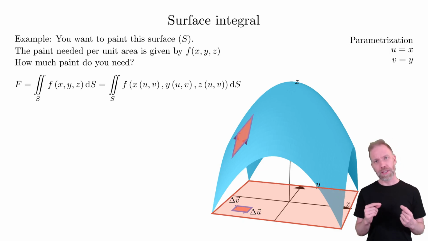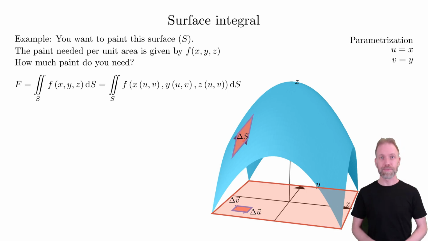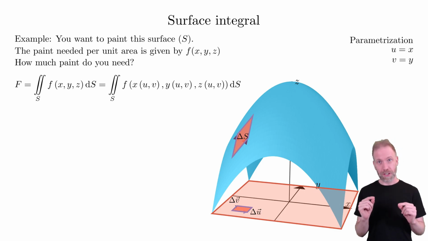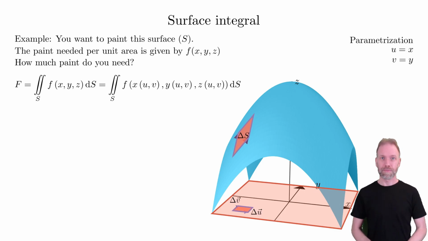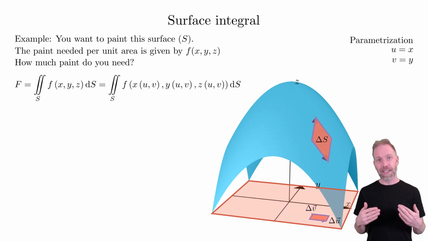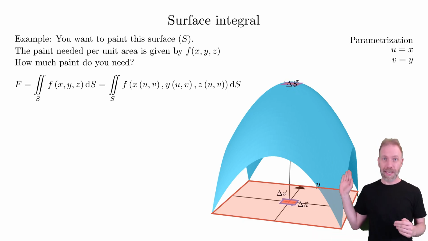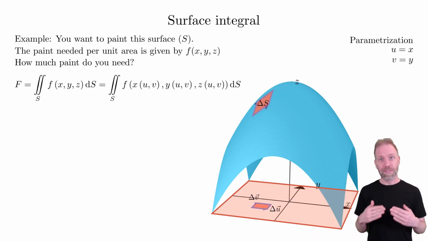Then we can draw the surface element delta s generated by these vectors. This is the actual surface element we should use in the surface integral. If I let it move around on the surface, we can notice that while the area of the red rectangle stays the same, the surface element delta s on the blue surface varies with the position.